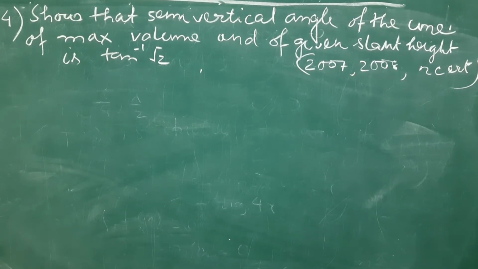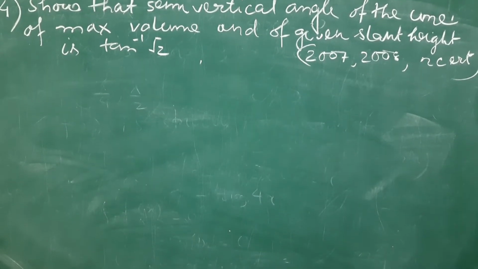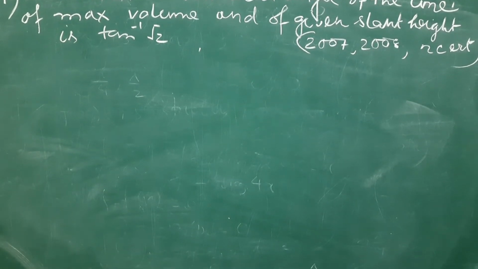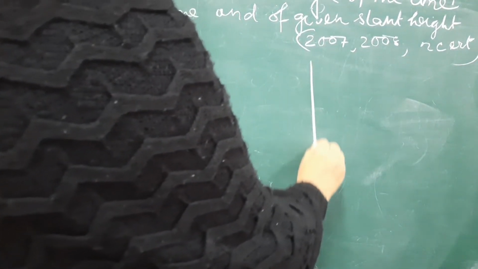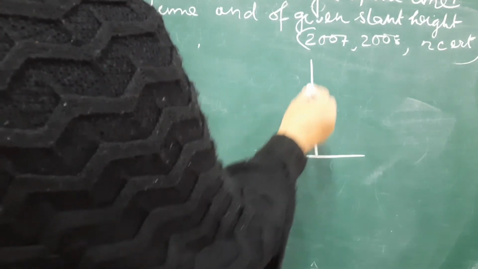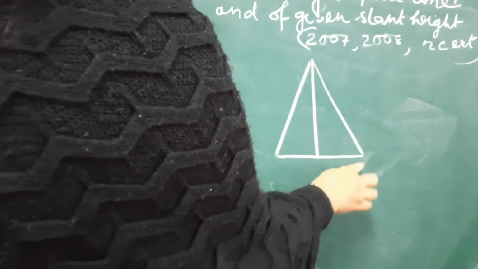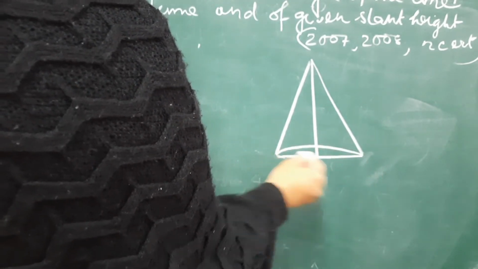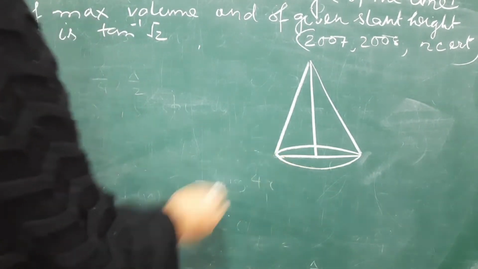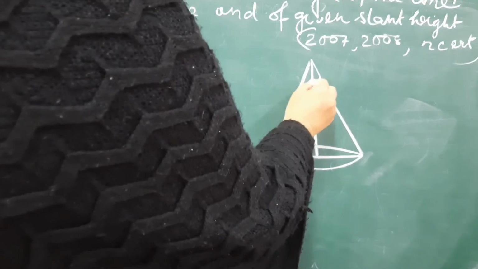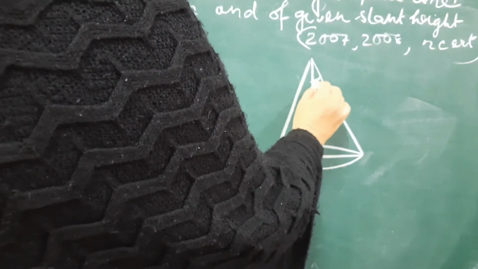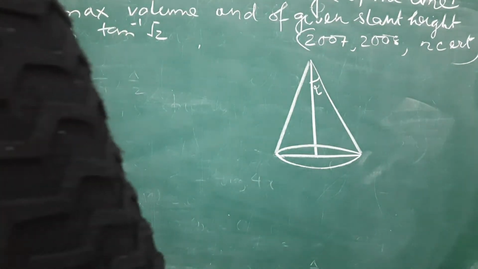Semi-vertical angle of a cone means, if we draw the figure of the cone, this total is the vertical angle, this is the semi-vertical angle, suppose it is alpha.